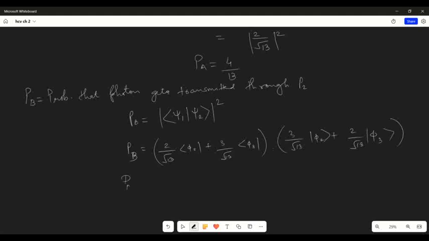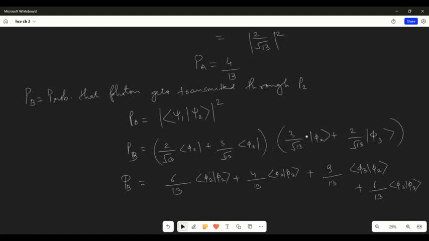So PB, the probability B, will be equal to 6 by 13 phi 2 with phi 2, plus 4 by 13 phi 2 with phi 3, plus 9 by 13 phi 3 with phi 2, plus 6 by 13 phi 3 with phi 3.